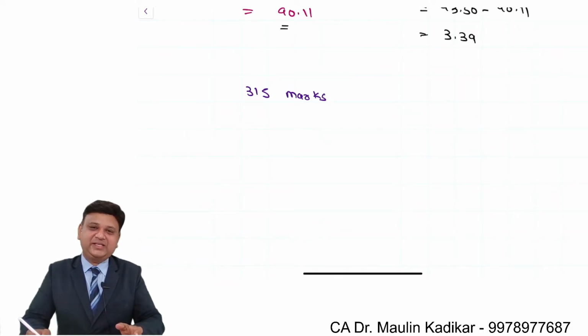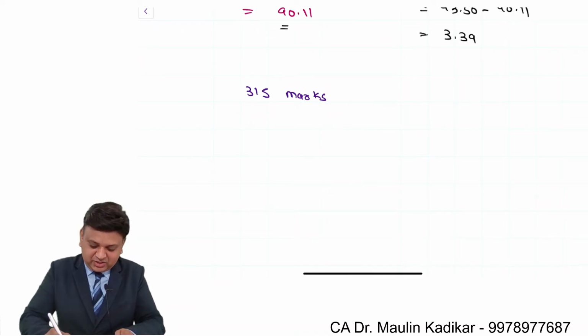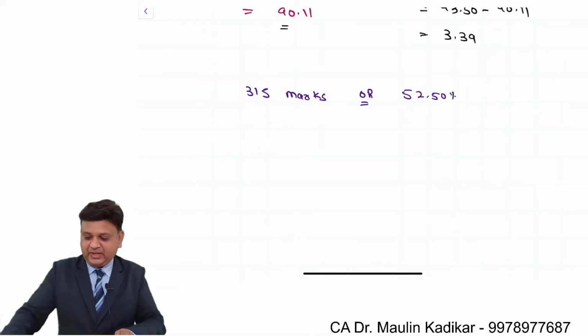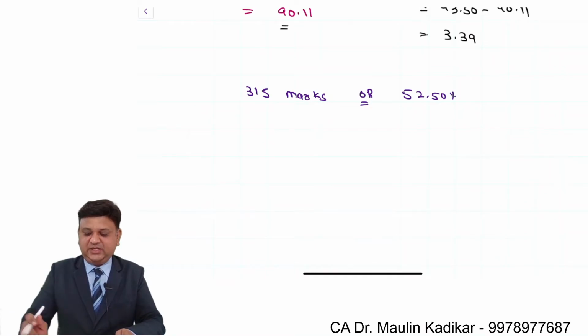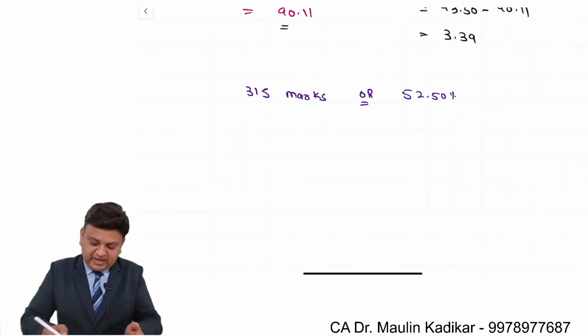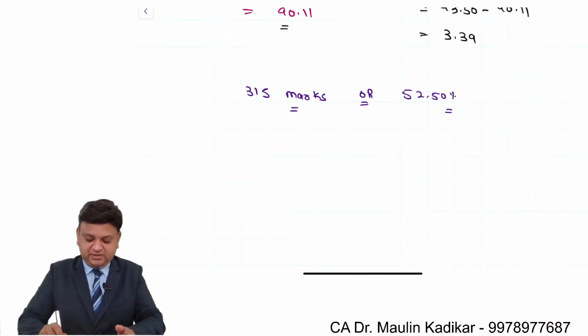Or otherwise I may tell students that I scored 52.5 percentage. That is 315 divided by 600 into 100. So my result can be spoken either in the marks term or in percentage term. Either way you can present it.